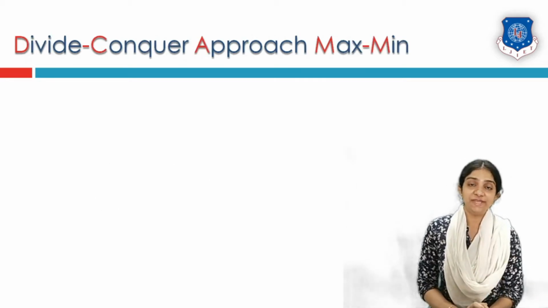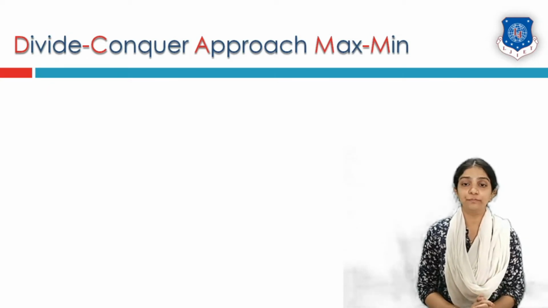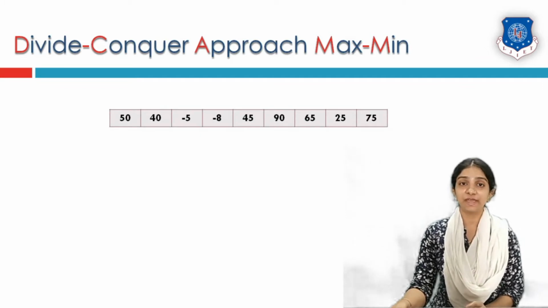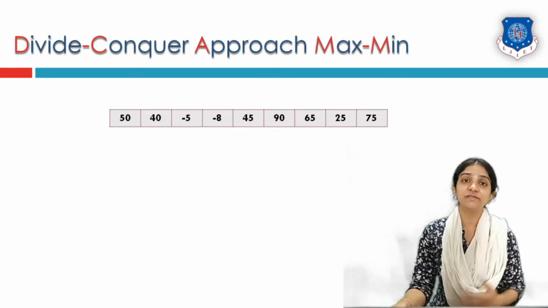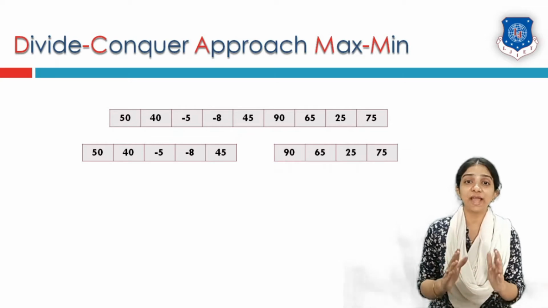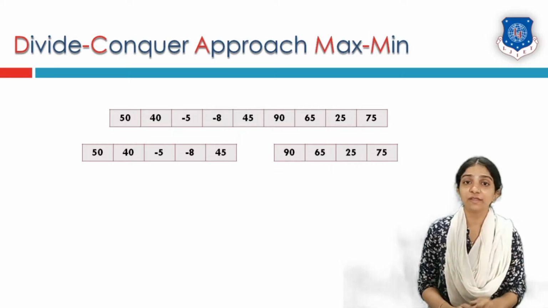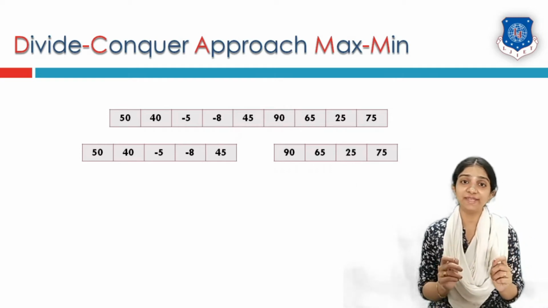Let us now see divide and conquer approach for max min problem. Now in this particular case, we will consider one example. Say this example contains a list of elements which are numbers. We first try to divide the given array list into two parts, that is, from the middle. So we have low index and high index.